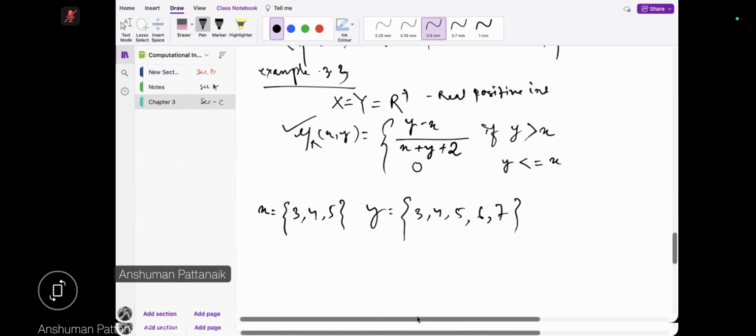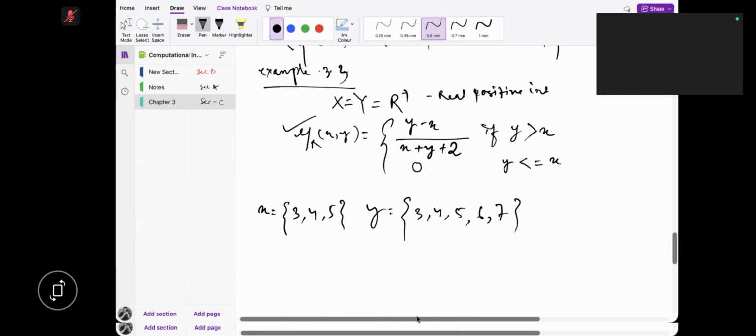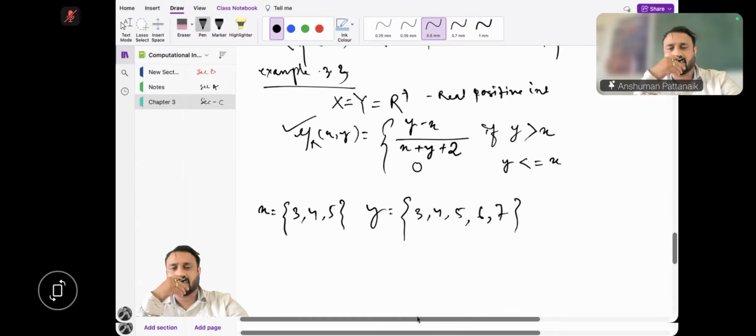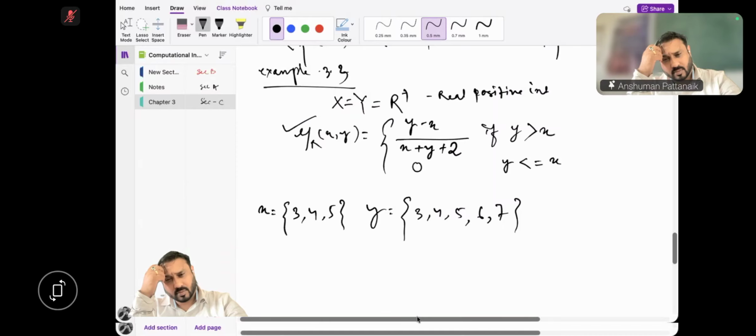Sir, I have one doubt. Tell me the question. What is the doubt? Sir, applying the equation in R, applying the values, I'm getting some matrix structure of R, and after making it inverse, I'm getting some R inverse.